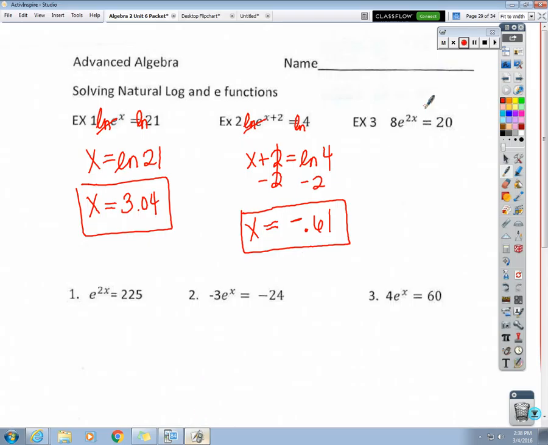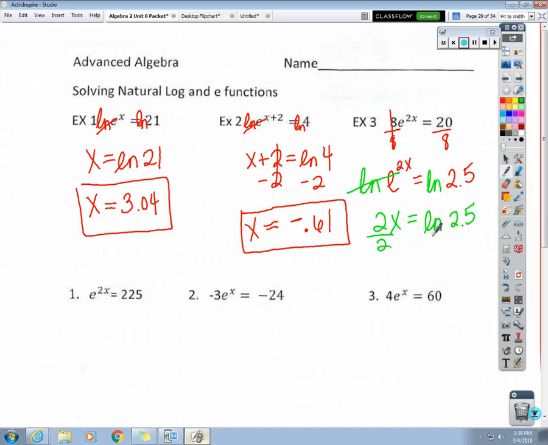Okay, for example 3, what would you do first? Divide by the 8. And so you're left with e to the 2x power equals 2.5. Now what do I need to do to both sides? Natural log. So I can cancel those and just leave the 2x. And then on the right I have ln of 2.5. Now to solve for x, what do I have to do?